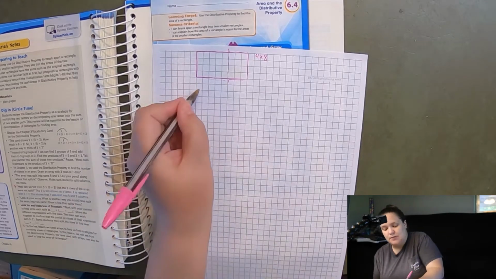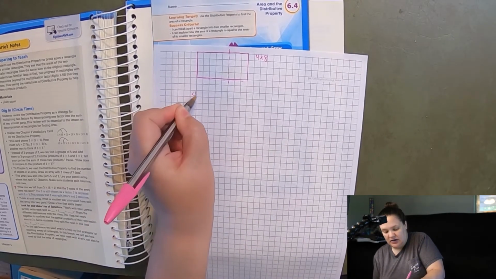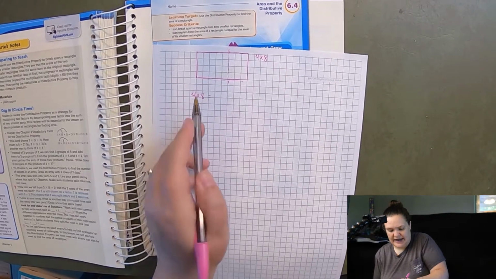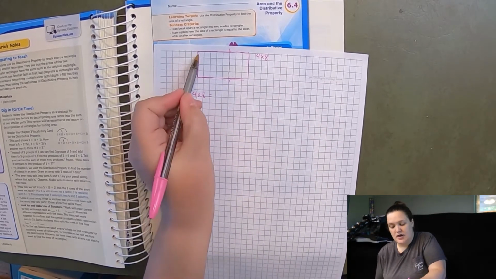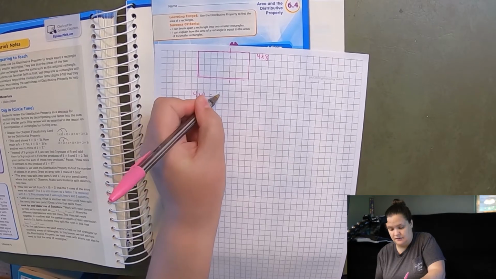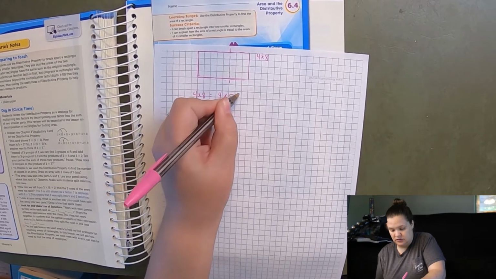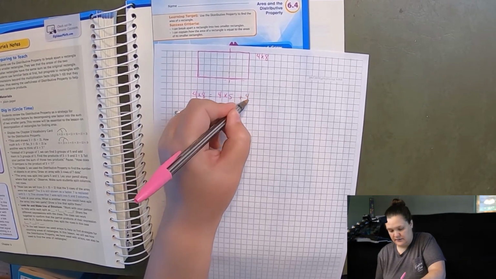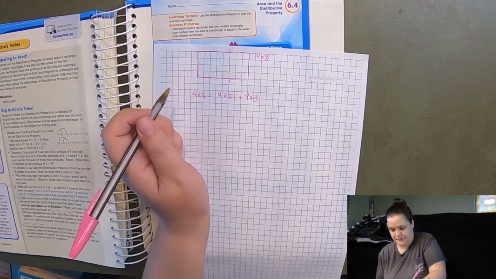Okay, so when I write it, I'm going to say 4 times 8, which they might already have written for you, equals, I have my 4 times 5 plus 4 times 3.